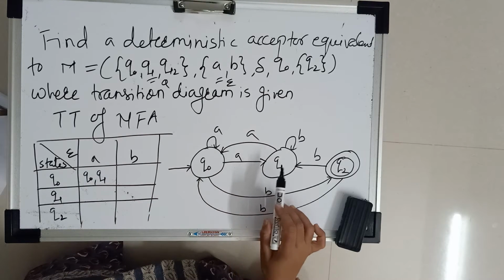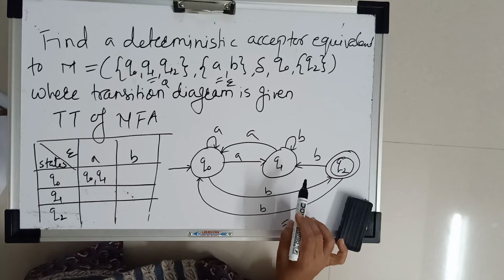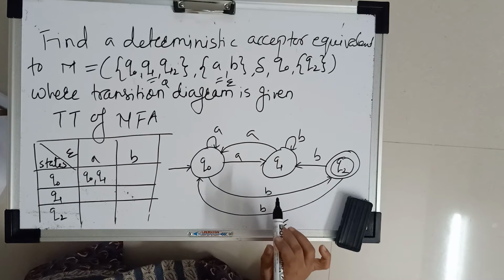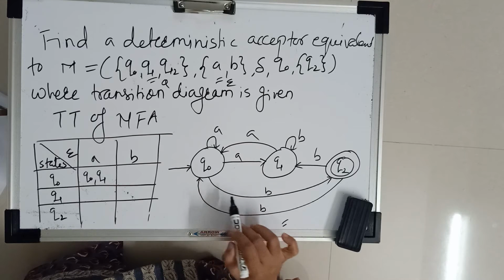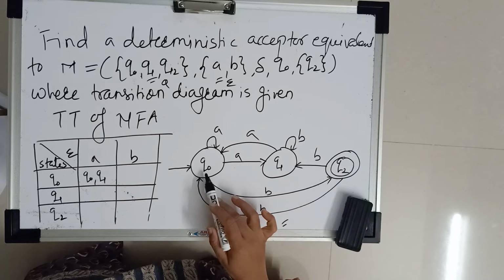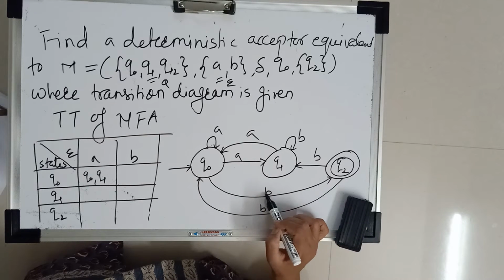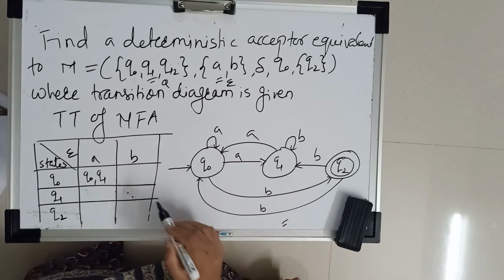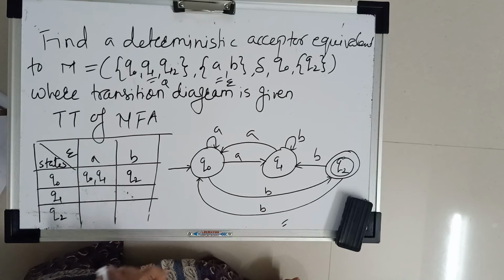Again for B, these arrows are very important. We need to see the arrows. So this Q0 goes to Q2. The arrow is going from this to this. It means for the B column entry, Q2 is the next state.